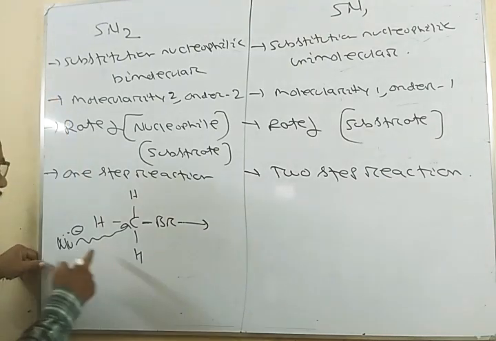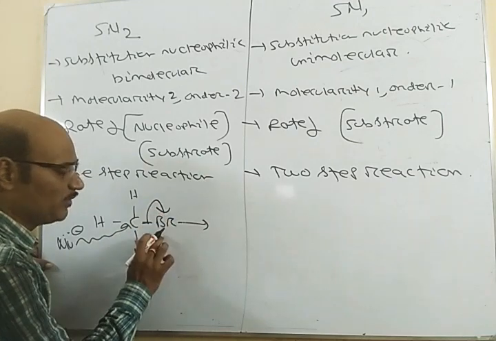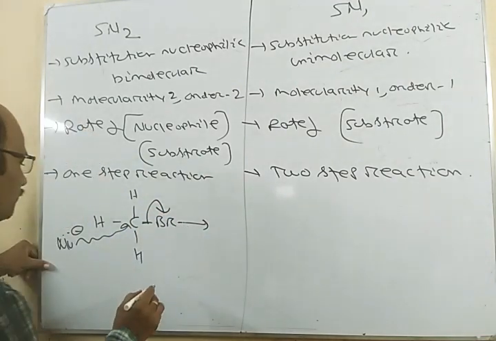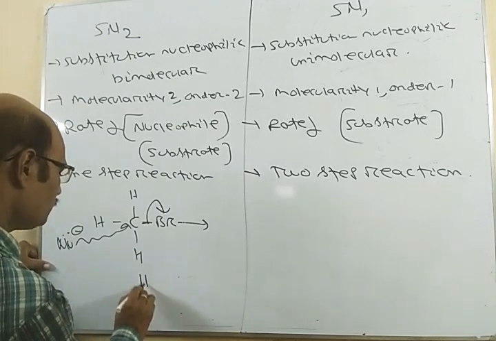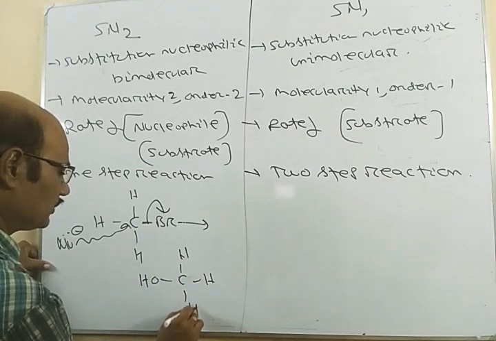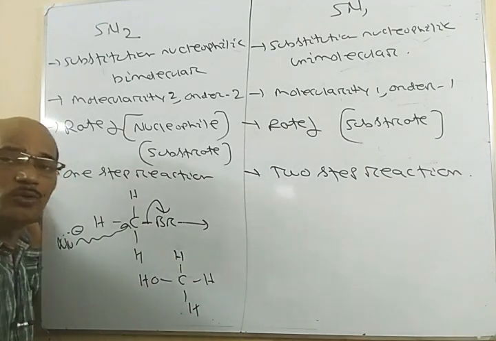So when the nucleophile attacks from the opposite side, the bromine, the leaving group, will go out and we will get HOCH. So this is called inversion of configuration.